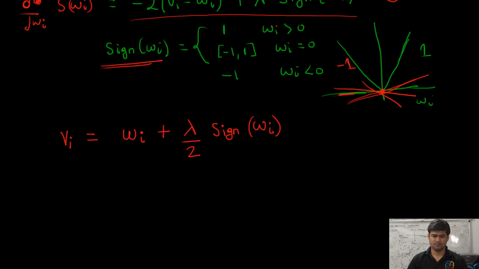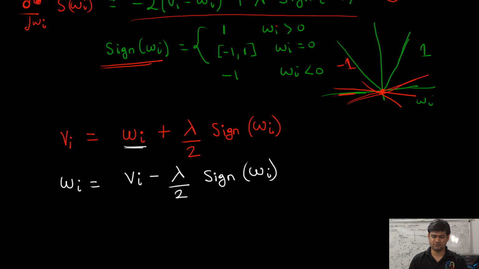So now we can solve for w_i over here to obtain that w_i is equal to v_i minus lambda over 2 times sign of w_i.